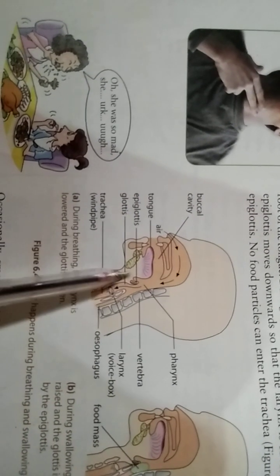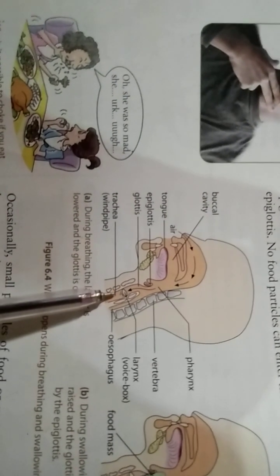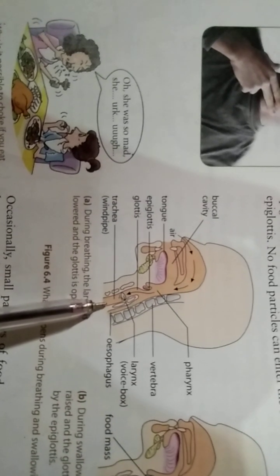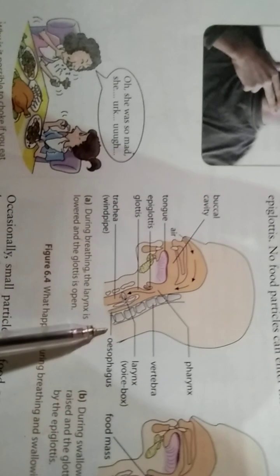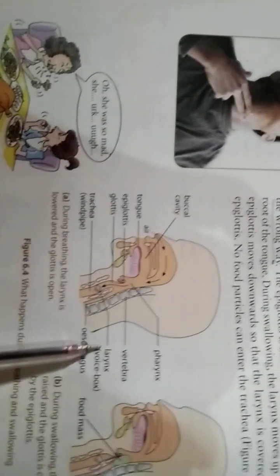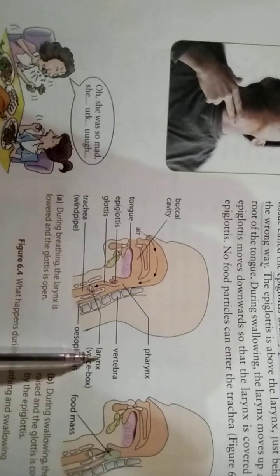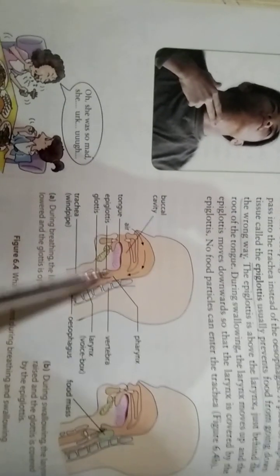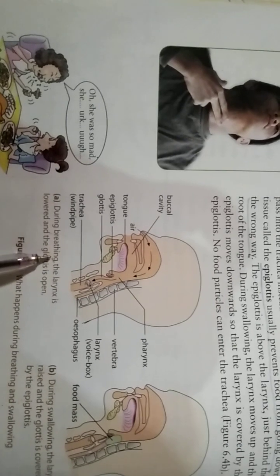Here the epiglottis is present. Here are the glottis, trachea, windpipe, and behind the windpipe, the digestive duct called the esophagus is present, and this is the larynx, voice box, vertebra, pharynx.